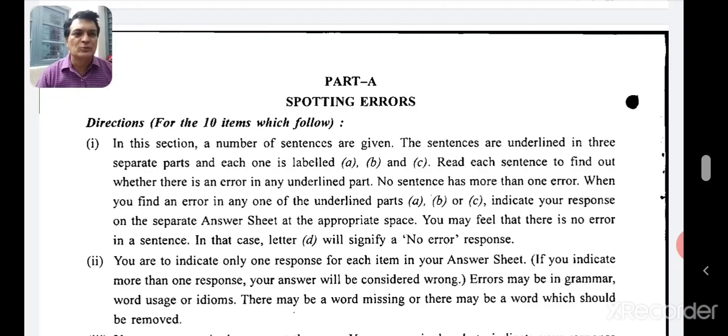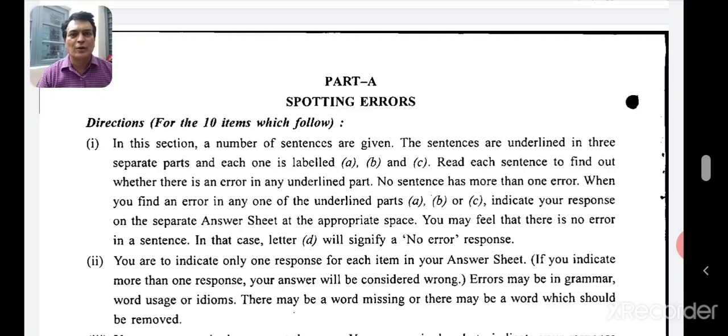No sentence has more than one error. When you find an error in any one of the underlined parts, A, B or C, indicate your response on the separate answer sheet at the appropriate space. You may feel that there is no error in a sentence. In that case, letter D will signify no error response.